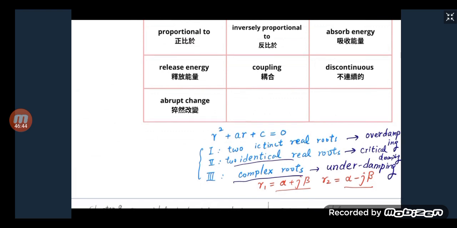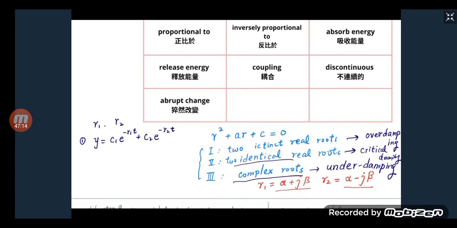Maybe we go a bit further to say that, let's say the two roots are gamma 1 and gamma 2, and for the first type, the solution is C1 times exponential gamma 1 t plus C2 times exponential gamma 2 t. Okay.